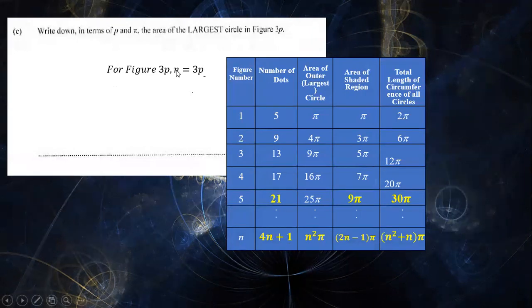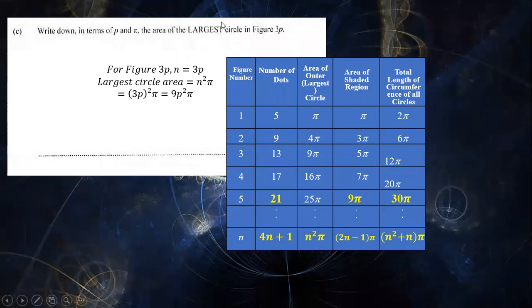For figure 3p, n is equal to 3p. The area of the largest circle is always going to be n squared pi. But now n is 3p, so we put 3p in place of n. So it's going to be 3p squared pi, which is equal to 9p squared pi, and that's going to be the area of the largest circle in figure 3p.